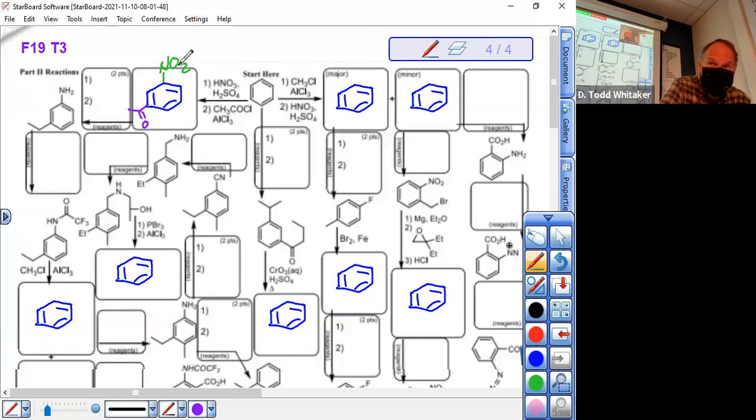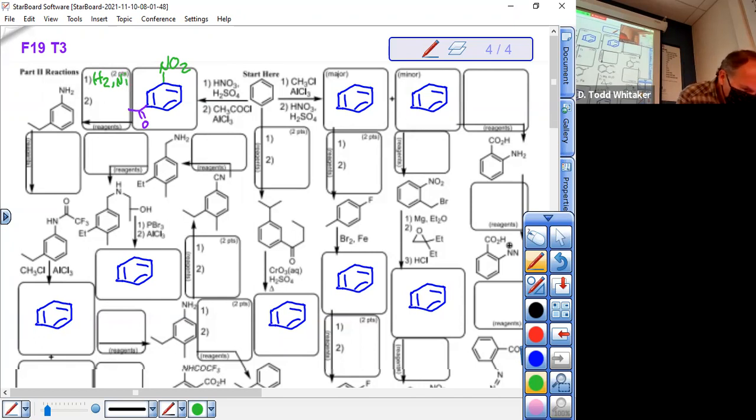Iron and HCl, a good idea. You know what's not a good idea? Lithium aluminum hydride and HCl, because it'll reduce this to an alcohol, and you don't know how to get rid of an alcohol and make it into a CH2. So H2 and nickel's a good one. That'll take care of your NO2.